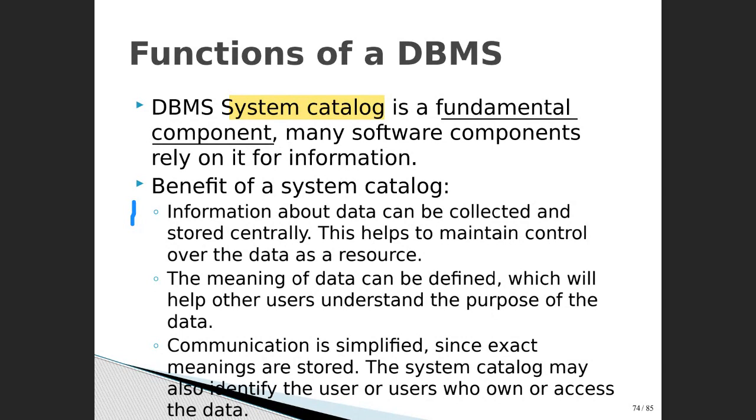So information or description about data will be stored as a central resource and can be accessible by any user, which helps to maintain control over the data. So number one: any information will be stored centrally and help to maintain control over the data.